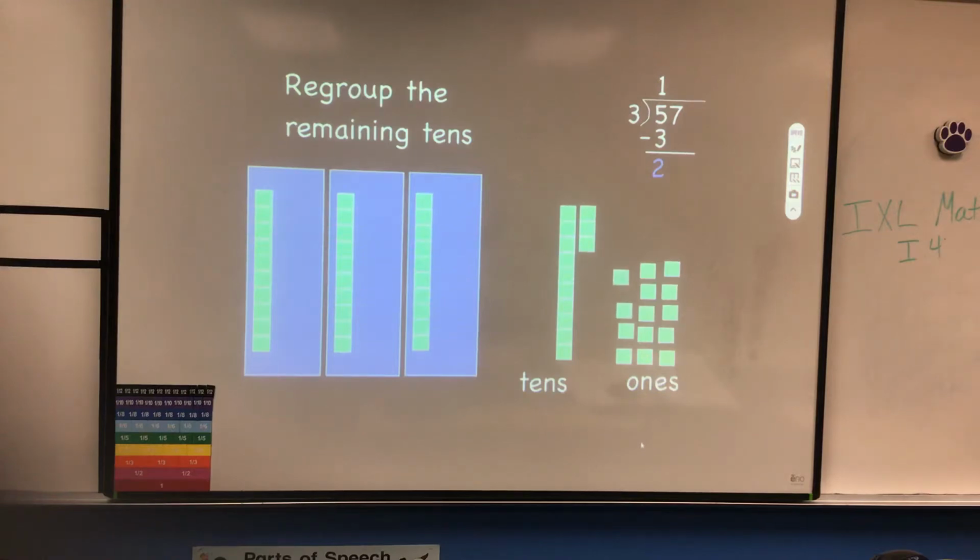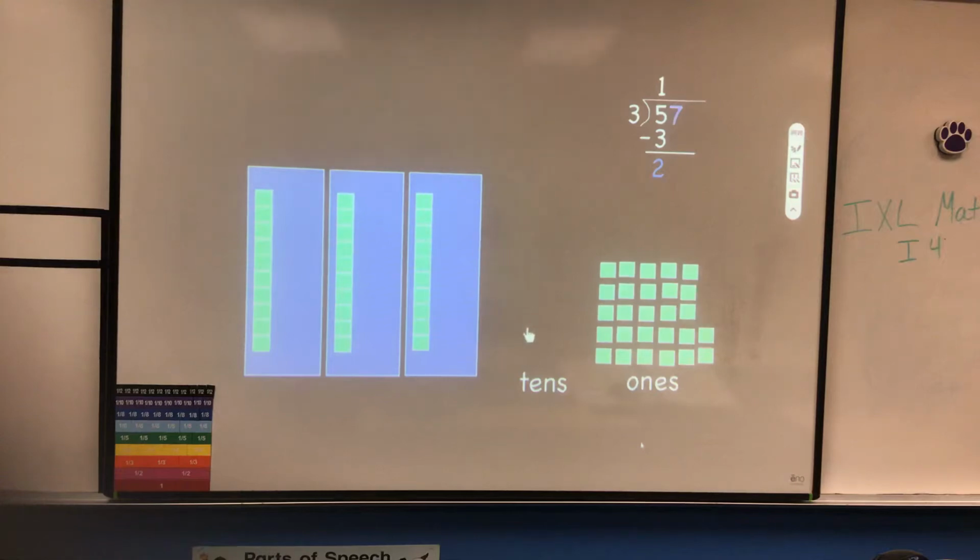I'm going to take all of these cubes from the 20 that I had in my 2 tens, and make them ones so that I can divide them by 3. So I no longer have 2 extra tens. I've broken them down all into ones, and how many ones do I have? I have 5, 10, 15, 20, 25, 27.